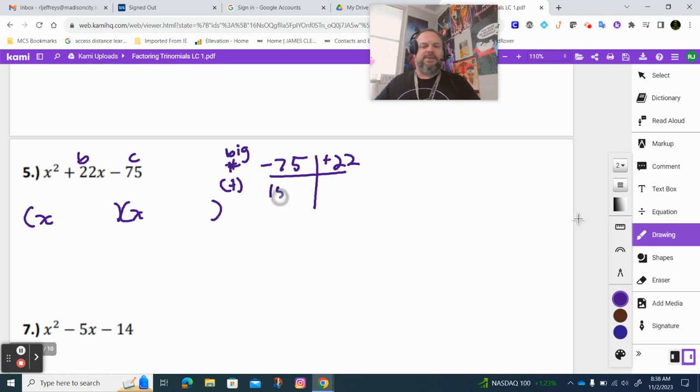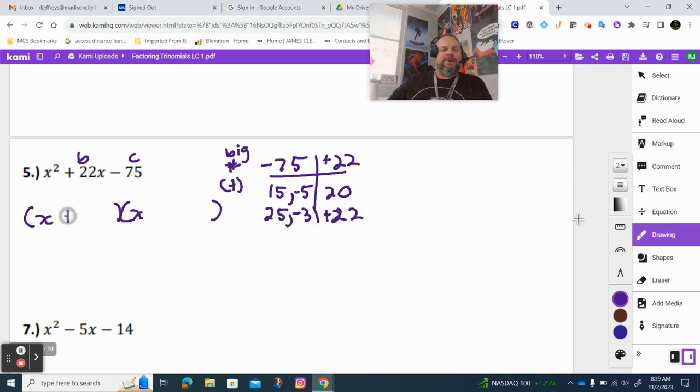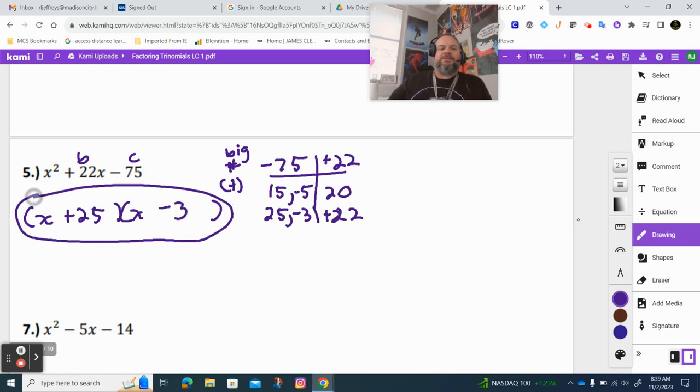So that's 15 and negative 5. Well, this is 20, so that's close. Money math, because if you have 3/4, you have 25 cents. So our positive 25. Now, again, I could have put the negative 3 first. It doesn't matter as long as the correct sign is with the correct number.